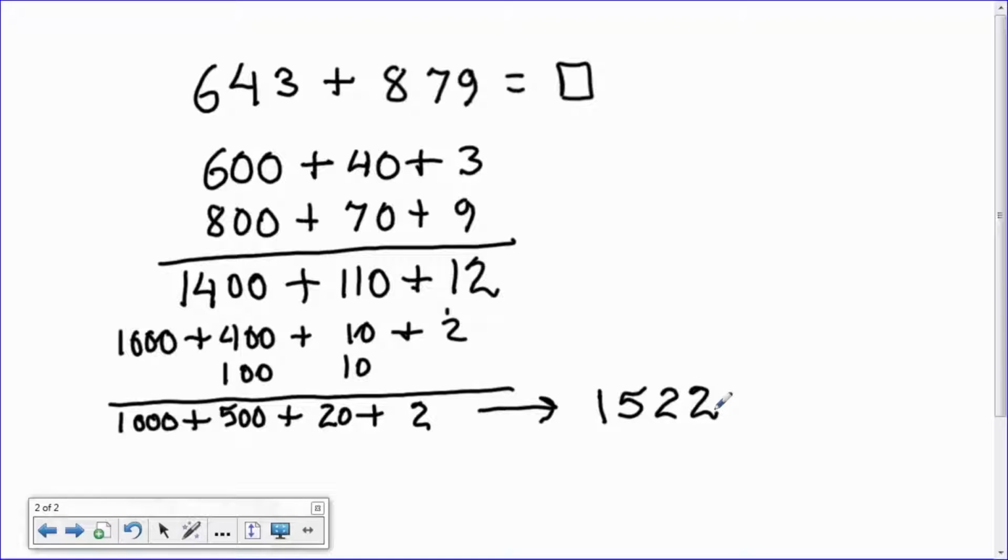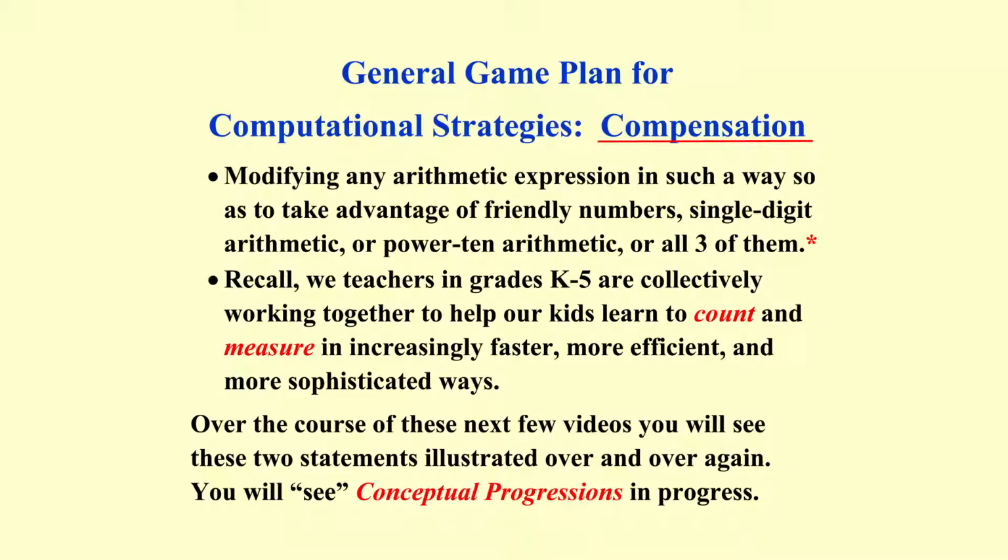And although 3 and 9 are not friendly numbers, they are single-digit numbers. Now, what we want to do is turn back to what it is we want to accomplish over these next few videos. We're trying to help our teachers to help their kids learn to count and measure in increasingly faster, more efficient, more sophisticated ways.